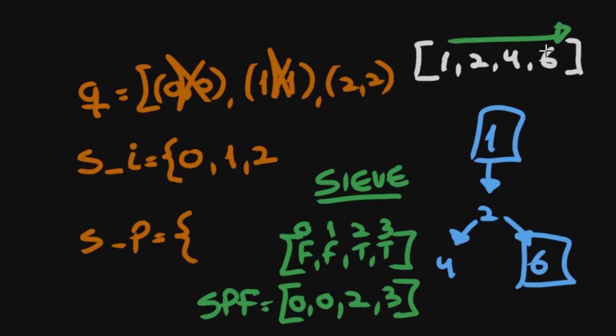So we can go through these indices one by one from left to right. We start from number 1. So we can have a function to get factors, and we call this with number 1. Given that 1 is smaller than 2, we have no prime factors here, so we return an empty set. Next, we continue with this number 2. So here we need to return a set with the prime factors of 2.